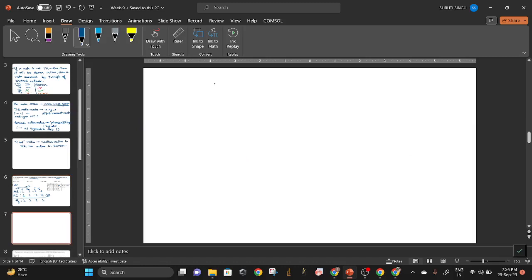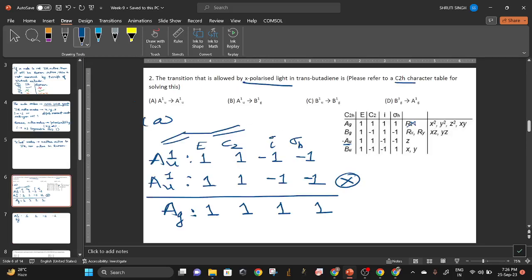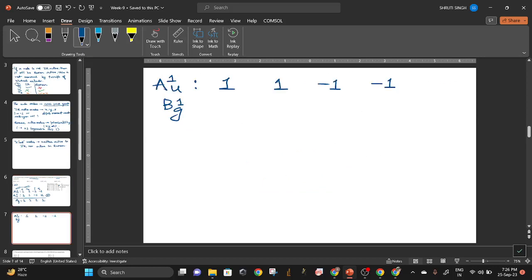So the next one is Au singlet to Bg singlet. Again it is singlet to singlet, allowed. So Au is 1, 1, -1, -1, and Bg is 1, -1, 1, -1.